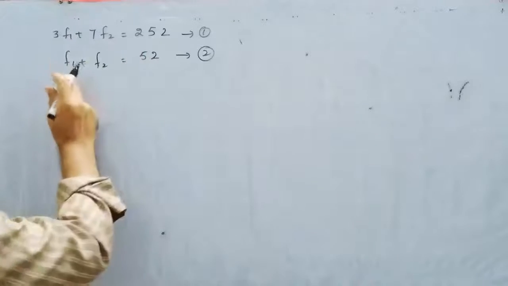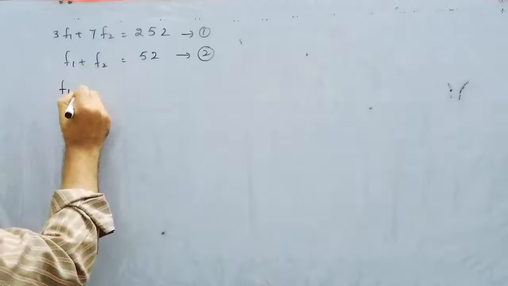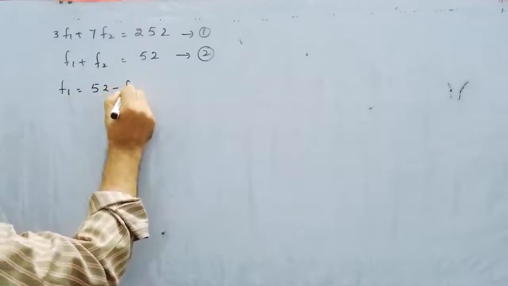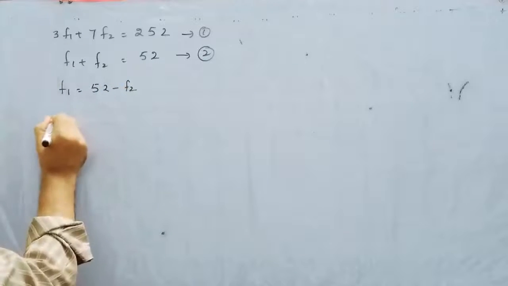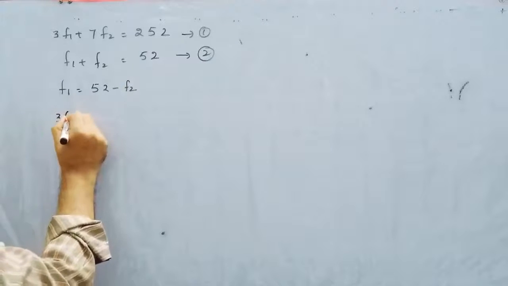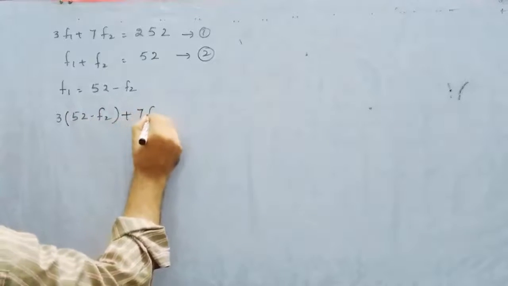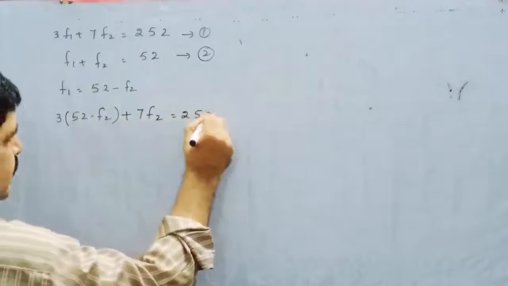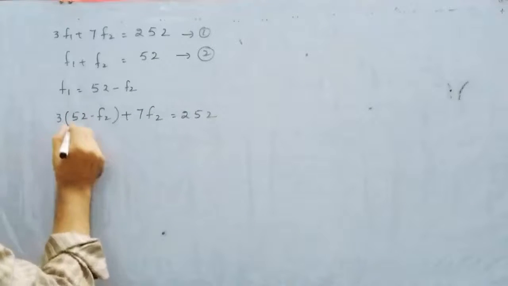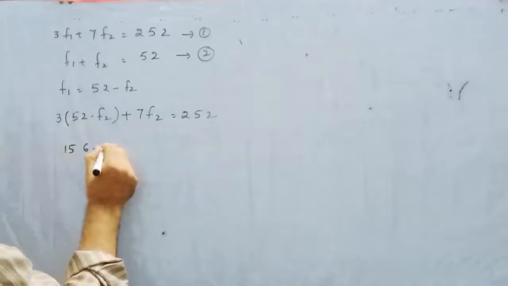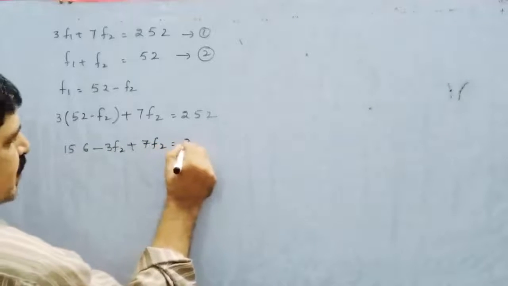Now you write the second equation in terms of f1. So f1 can be written as 52 minus f2. You substitute this f1 in the first equation. What we get: 3 into (52 minus f2) plus 7f2 is equal to 252. 3 into 52 is 156, minus 3f2 plus 7f2 is equal to 252.